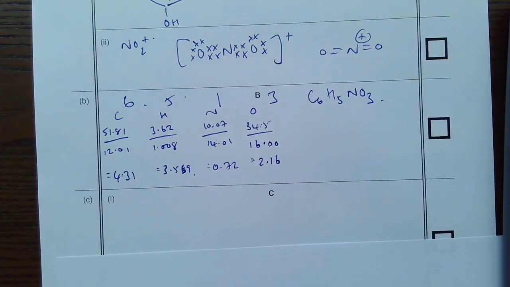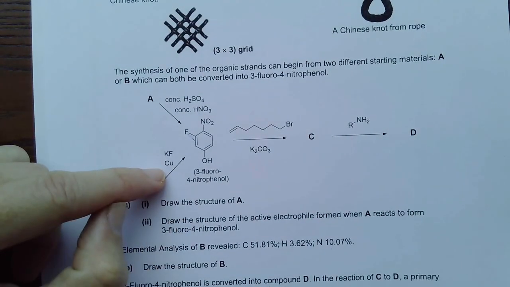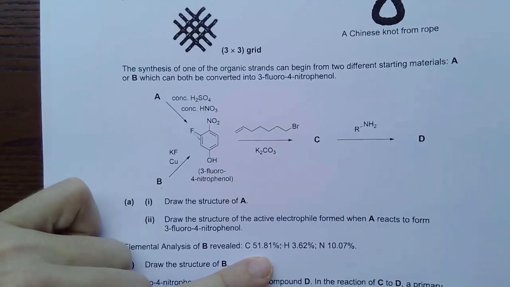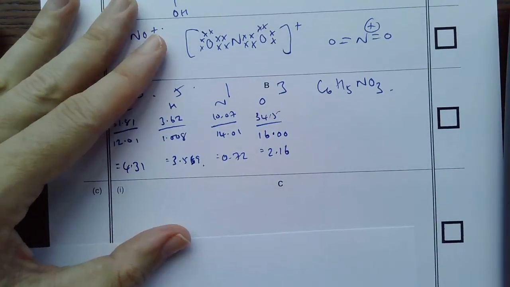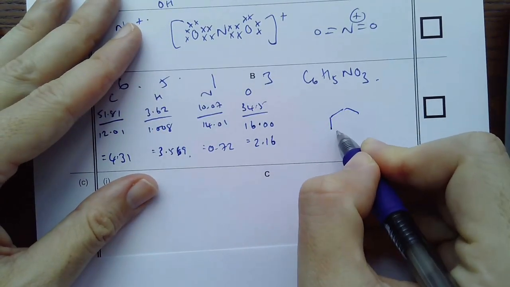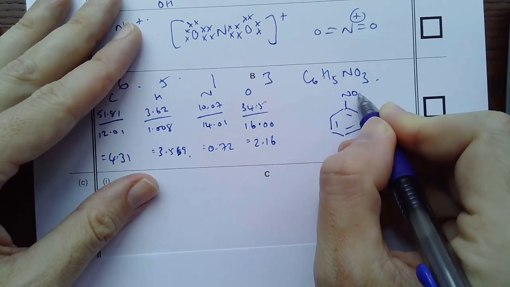Now, what did the question actually ask me? It asked me to draw the structure. Oh, well, I mean, I sort of said that. So you wouldn't actually need to do that at all. If you know that this is just adding on the fluorine, you can just go ahead and draw that. I guess the empirical formula is there just in case, but it is possible to do it without the empirical formula.